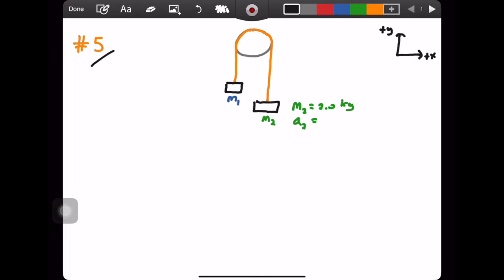If this is the mass that's going down, and by the way, I could have drawn this where I had m2 on the other side going down and I would get the same result, but just the way I've drawn things up, I'm going to assume that the mass that's going downward is on the right, and since the tension is uniformly preserved through the rope, mass 1 is going to be accelerating up.